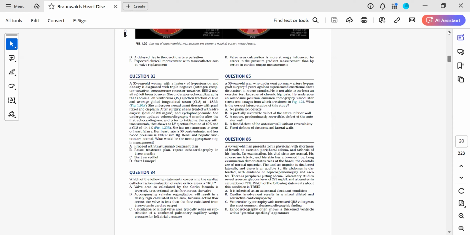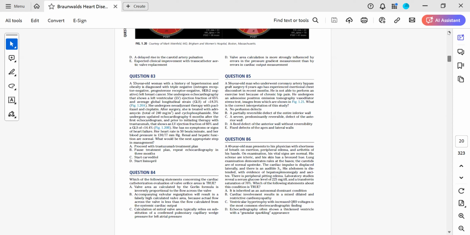Thank you very much. So C, a severe predominantly reversible defect of the anterior wall. D, a fixed defect of the anterior wall without reversibility. Then E, fixed defects in the apex and lateral walls.